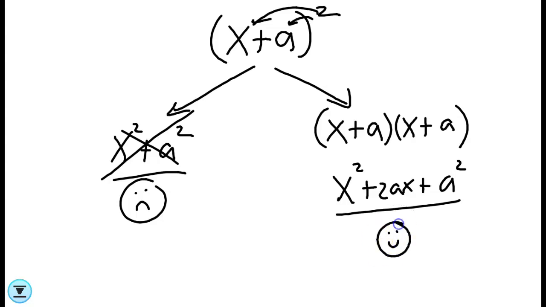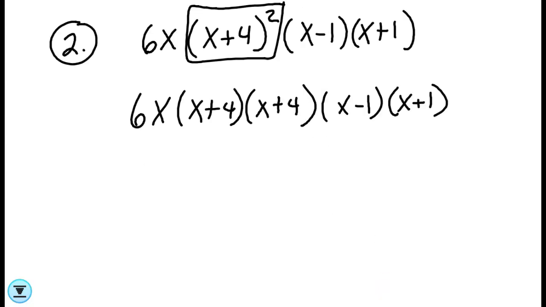This is how you want to do it. So my suggestion is if you guys ever see a binomial being squared, I would just rewrite it as 2 binomials that are being multiplied. Okay? All right, so back to this. That's what I did. I just rewrote it. Now, as I said, look for your shortcuts first. I see a shortcut here.